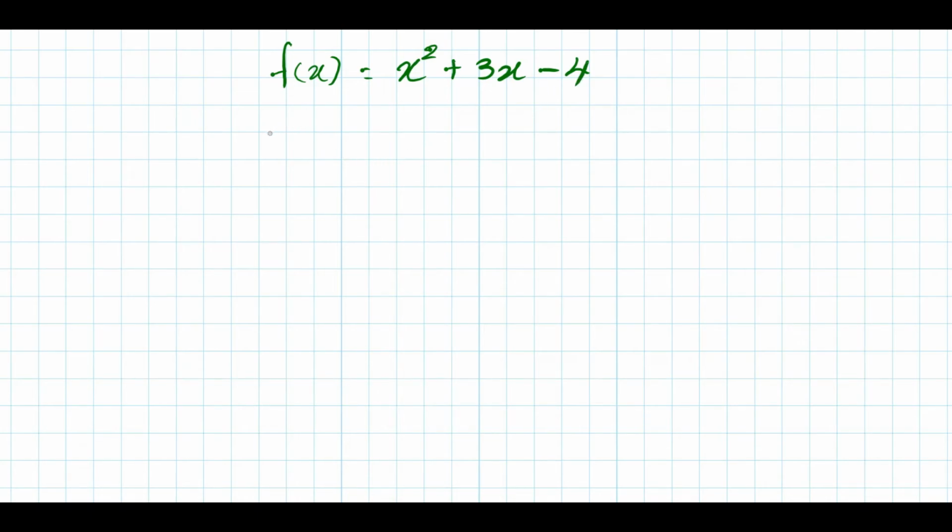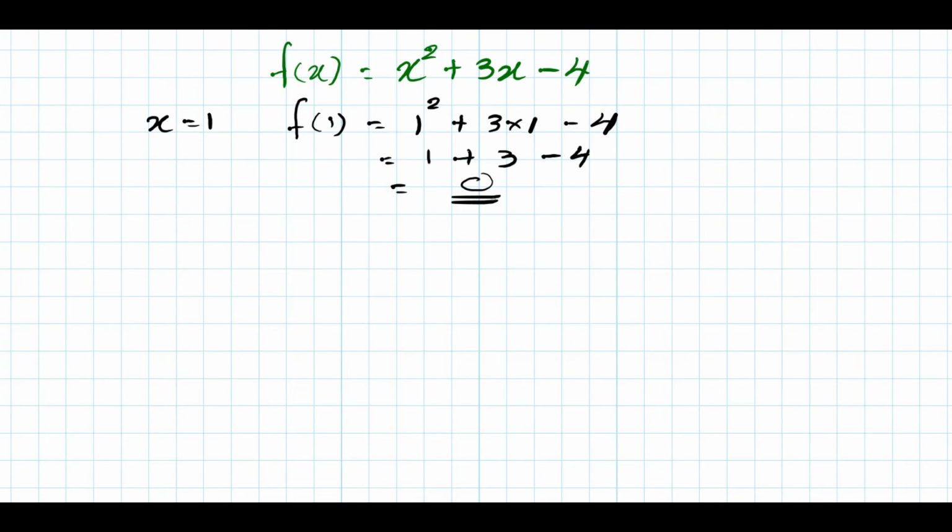You have already seen this type of function. I am going to factorize this f(x) using another method. I can substitute x equals 1. Let's find out what will happen. f(1) equals 1 squared plus 3 into 1 minus 4. I will have the answer 1 plus 3 minus 4. That means this becomes 0.